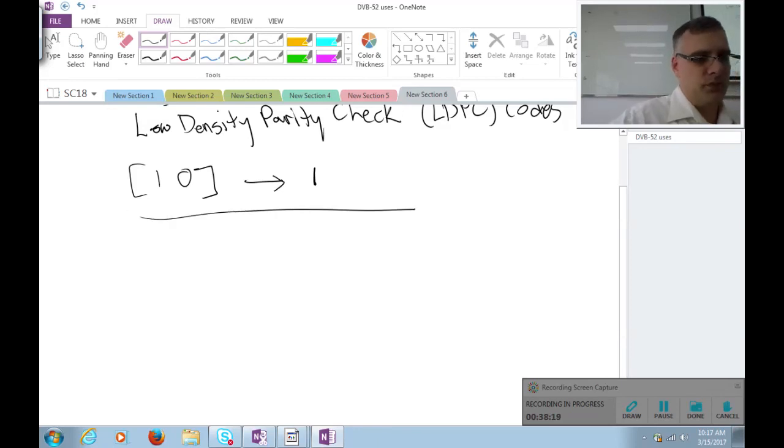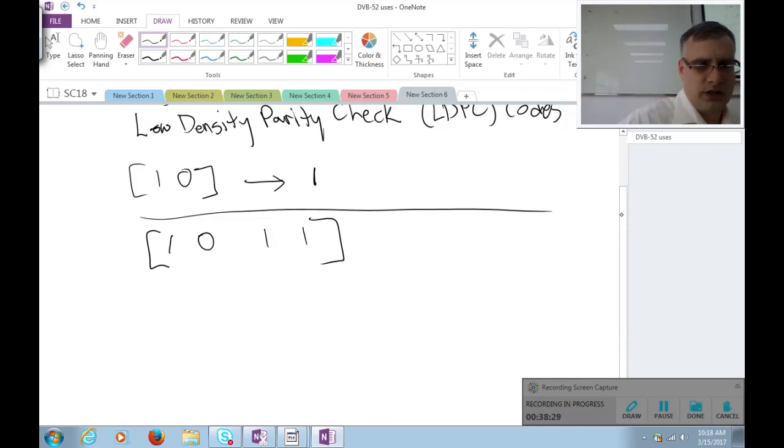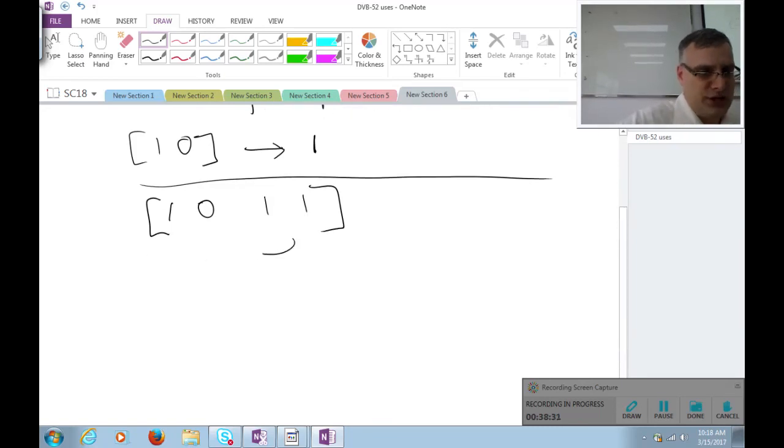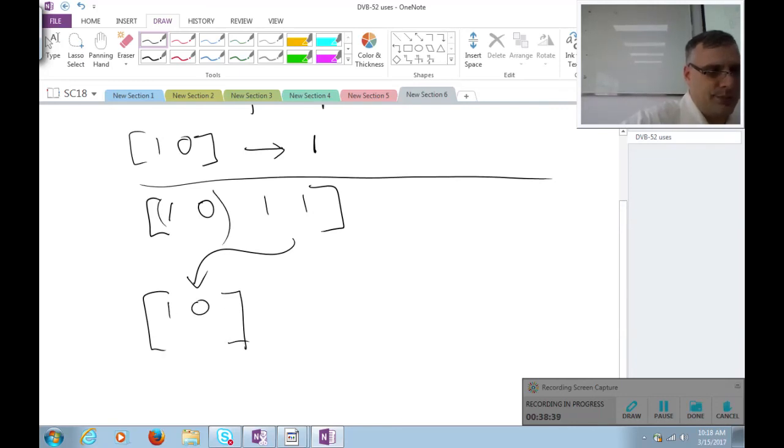So now I can make something called a product code by taking a set of data. Let's say I've transmitted 1, 0, 1, 1. I first rearrange this into a square matrix where I put my 1, 0 on the top and my 1, 1 on the bottom.